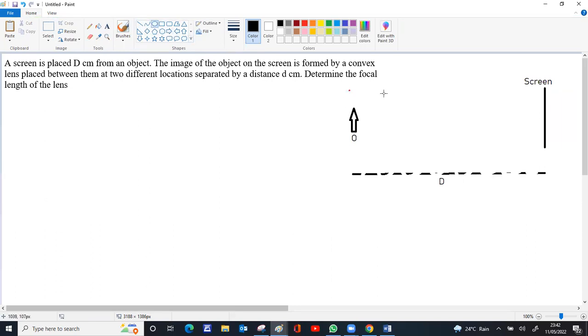So let this be the first position of the convex lens.